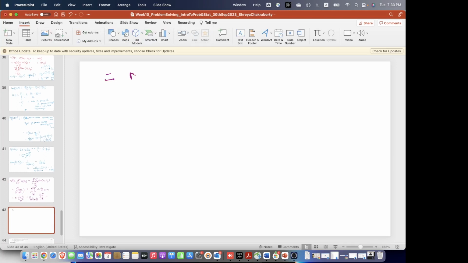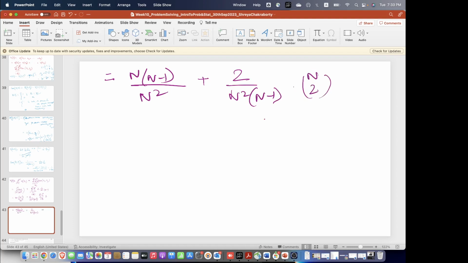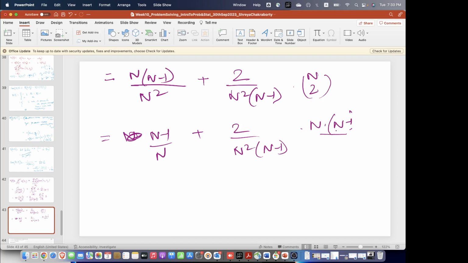Here we are taking all possible 2 combinations. So we would have n square into n minus 1 times nC2. So 1 cancels, we would have n minus 1 minus n plus 2 by n square into n minus 1. nC2 is n into n minus 1 by 2.